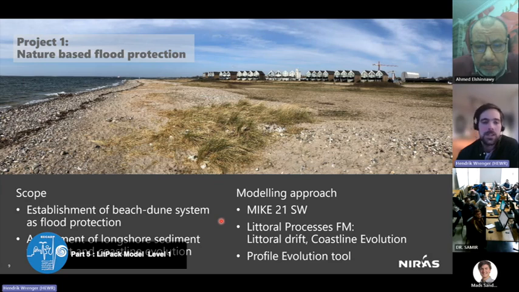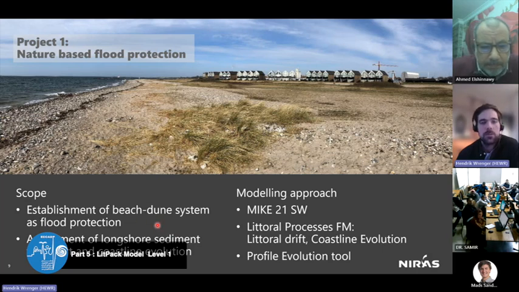And then on the east of Denmark, you have the Baltic Sea, which extends around Sweden and up to Finland, etc. And we are on the east side now. So it is an enclosed sea. And the idea here was to establish a beach dune system as flood protection.